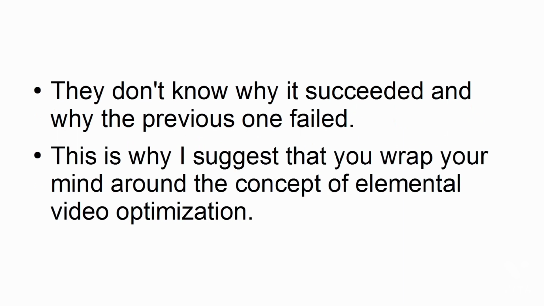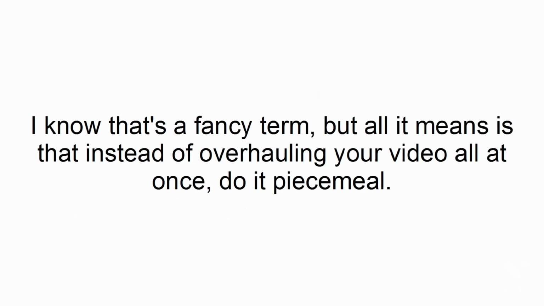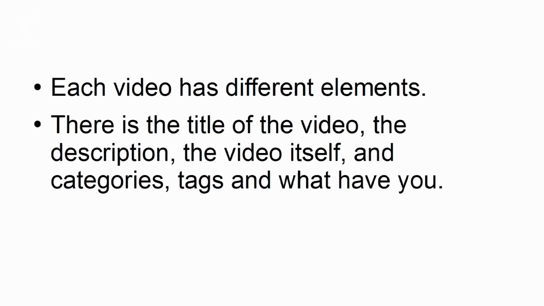But here's the problem. They don't know why it succeeded and why the previous one failed. This is why I suggest that you wrap your mind around the concept of elemental video optimization. I know that's a fancy term, but all it means is that instead of overhauling your video all at once, do it piecemeal. How do you know which part to change? It's very simple. Each video has different elements. There's the title of the video, the description, the video itself, and categories, tags, and what have you.